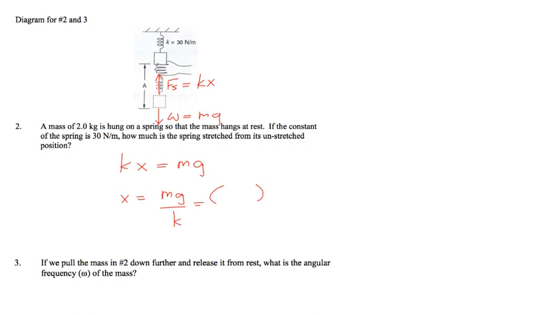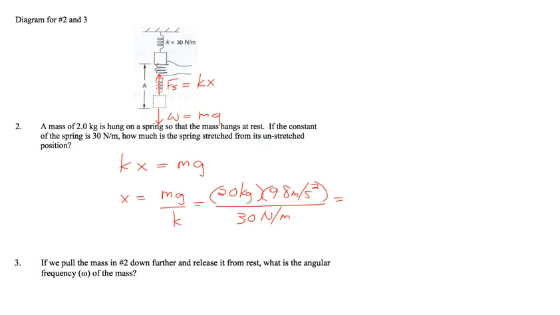And if we put in the numbers, so the mass is 2 kilograms. G is, again, you could use 9.8 or 10. I said you could use 10 for this. And then you're dividing that by 30 newtons per meter. Right?